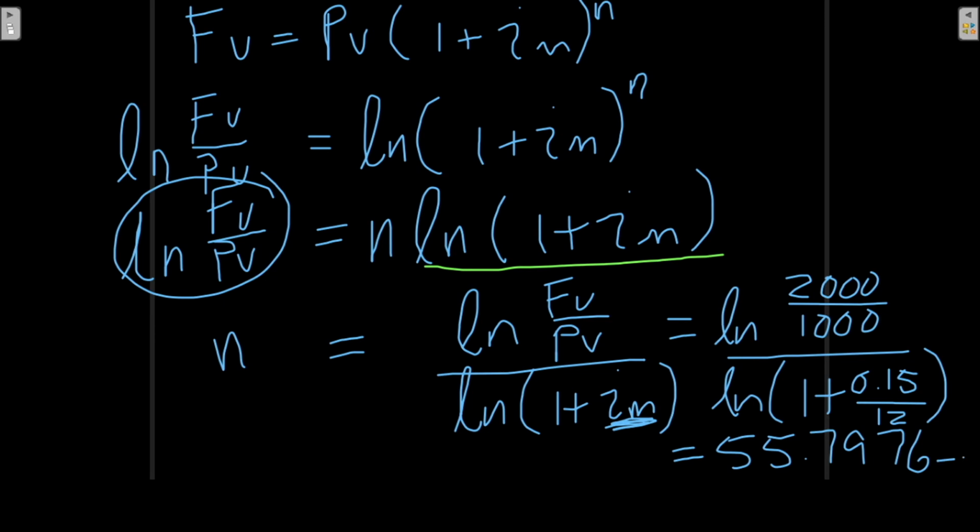I don't have enough space here, but you can rewrite this in terms of years. How will you find it in terms of years? You just divide it by 12. And that will give you more or less 4.65 years.